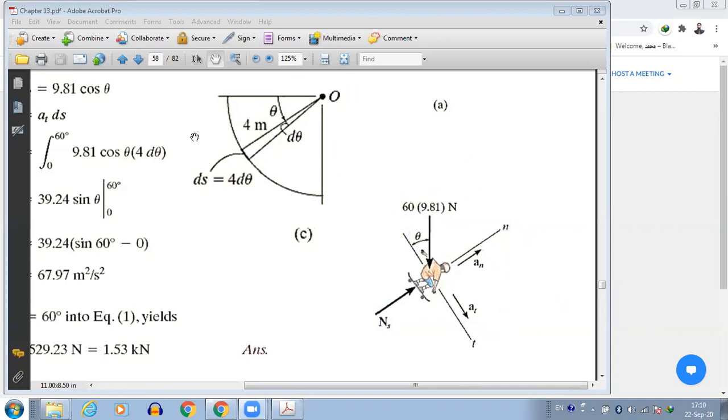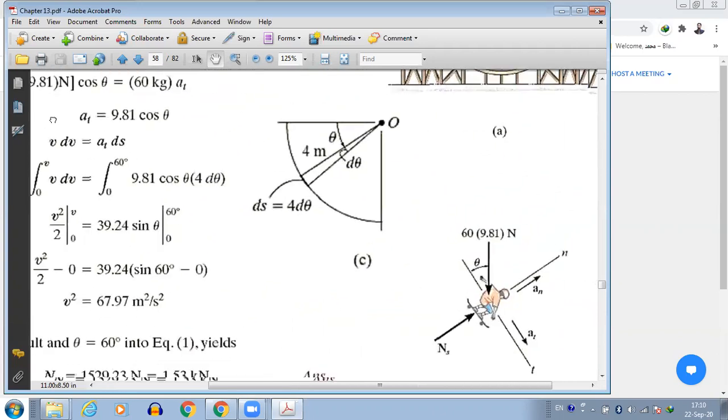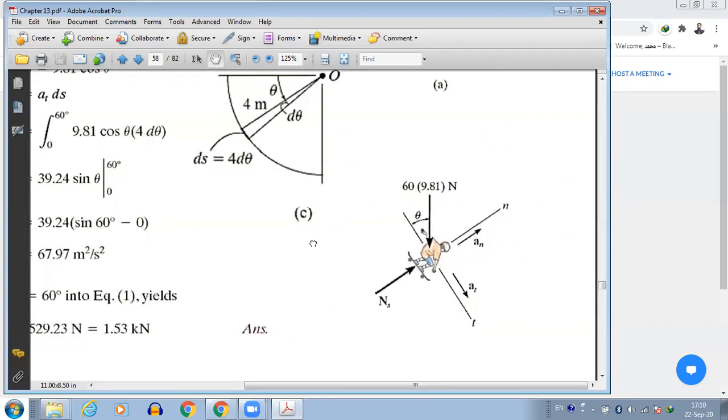Let's have the equation. Let's talk about the tangential direction. You will have a component of the weight in the tangential direction, and that's it. There is nothing else.